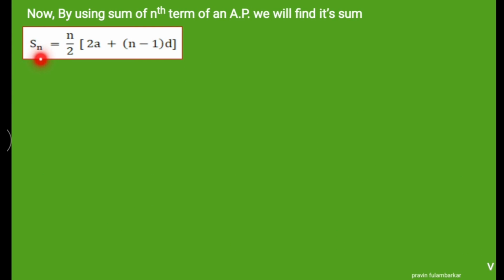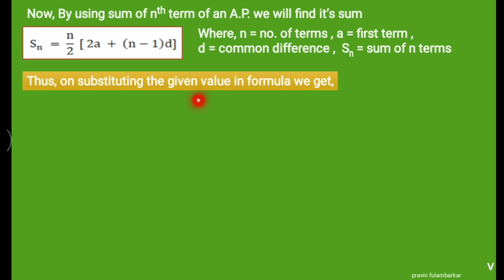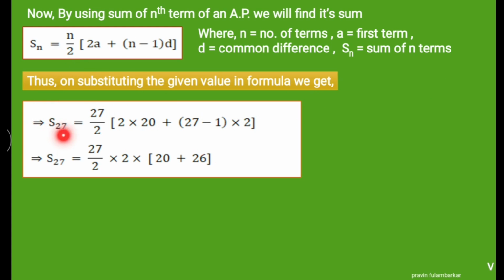So we use the formula Sn equals n by 2 into 2A plus n minus 1 into D. So we substitute the values. Thus on substituting the given values in the formula, we get, we replace this numerator n by 27, this A by 20, that is first term, and this D by common difference 2, and this n by 27.